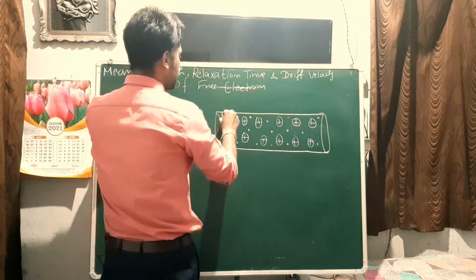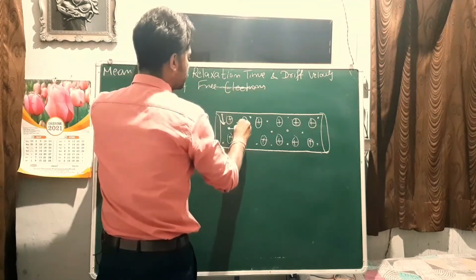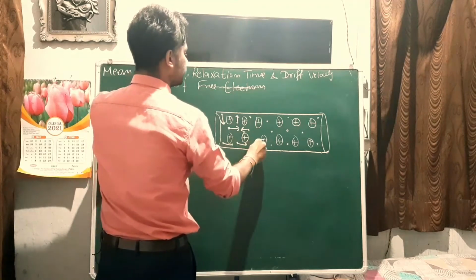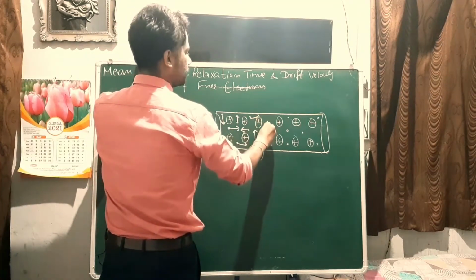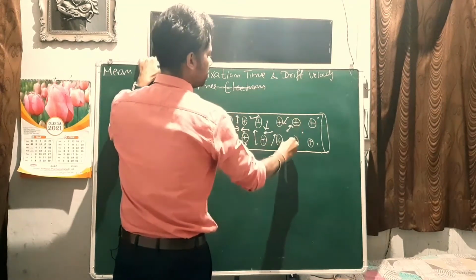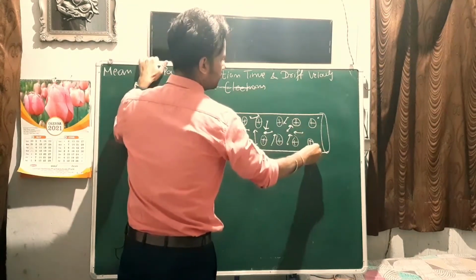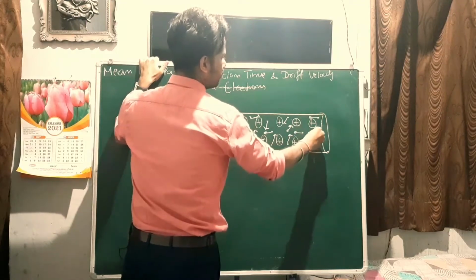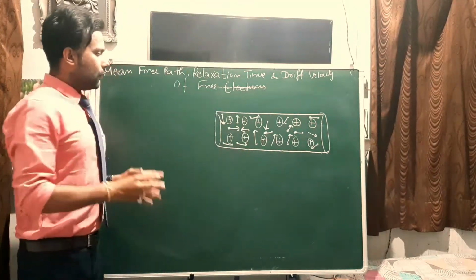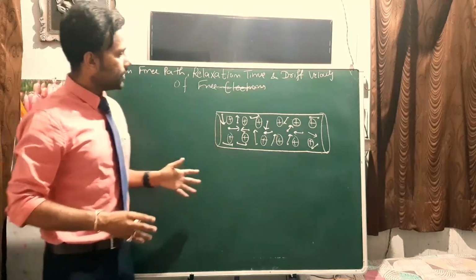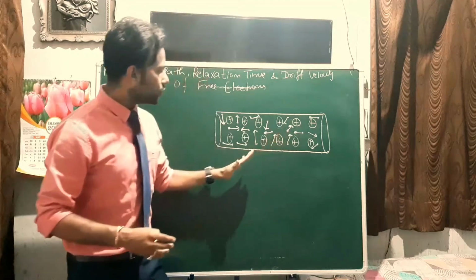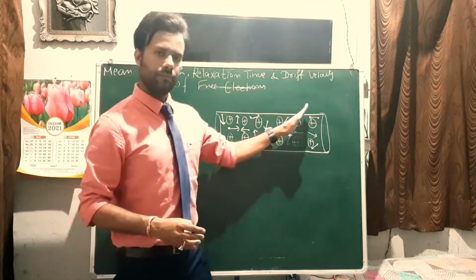So suppose this electron is moving here. They are moving randomly, no particular direction. Like this. Now while they are moving, let's consider this electron. This electron is moving in this direction.